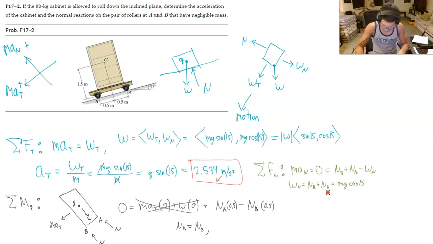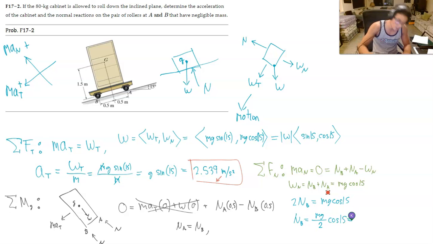If NA is equal to NB, then we could write 2NB is equal to mg cosine 15. And then we could find what NB is. NB is going to be equal to mg divided by 2 cosine 15. By the way, remember the mass is 80 here. So I can write it as 80 divided by 2, so 40 times gravity times cosine 15.